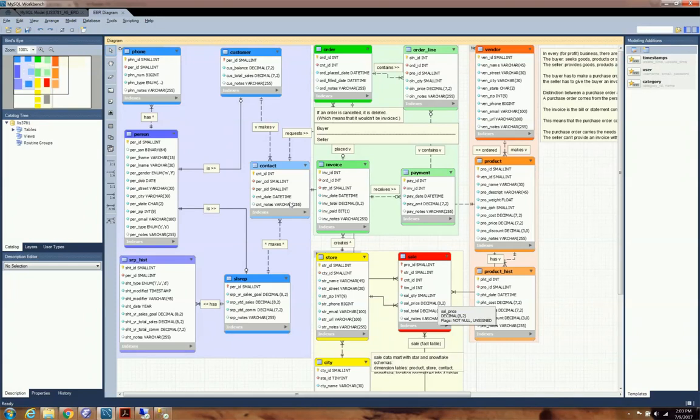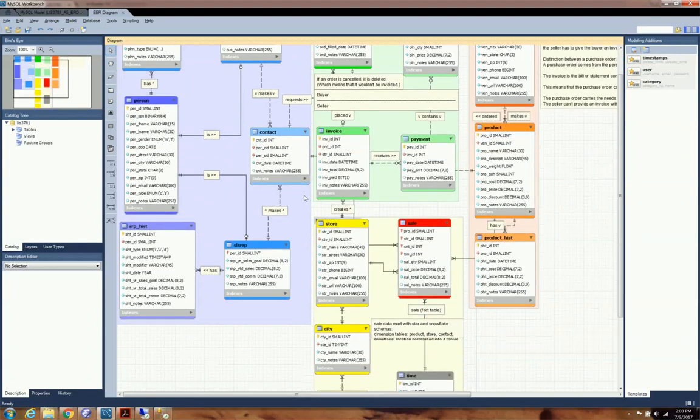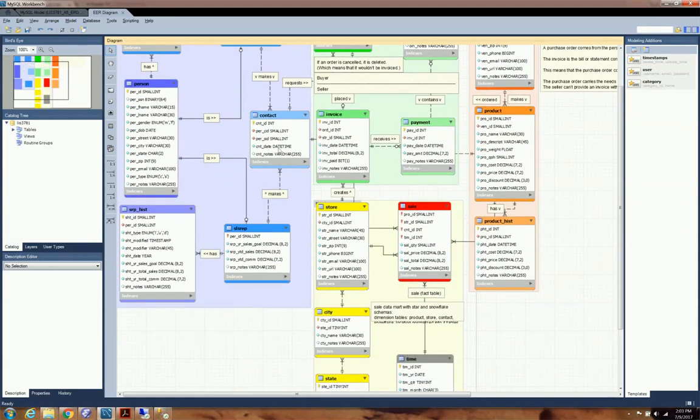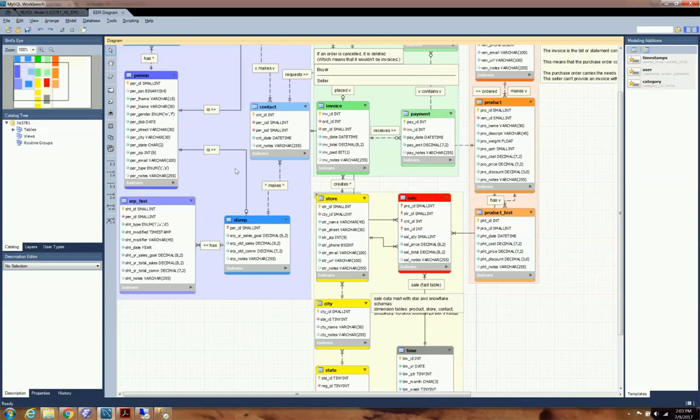Okay, so the primary key in the sale table contains the primary keys as foreign keys in the same table. The primary keys are from their corresponding dimension tables. A product ID in the product table, contact ID in the contact table, store ID in the store table, and time ID from the time table.